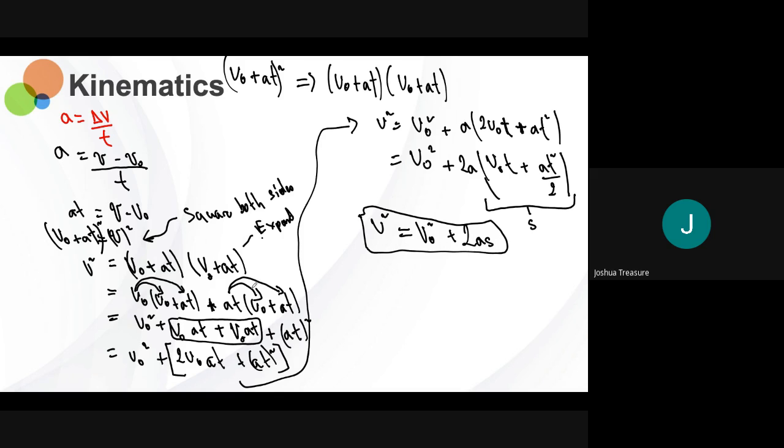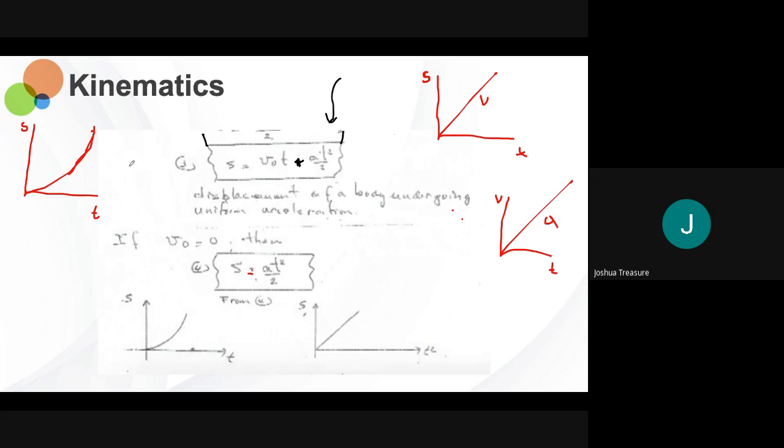That's the only way that we can actually relate it to this particular equation. This is what we want to get. We want to relate the final velocity, the acceleration and the displacement. That is the only way we can do that. Remember the t squared here.